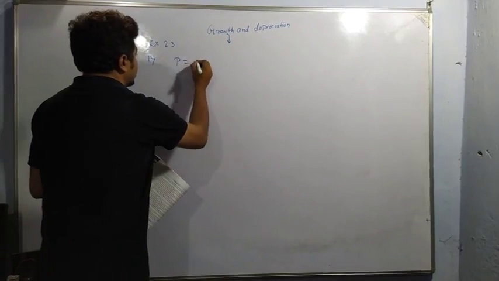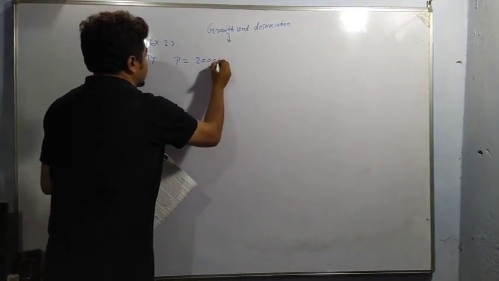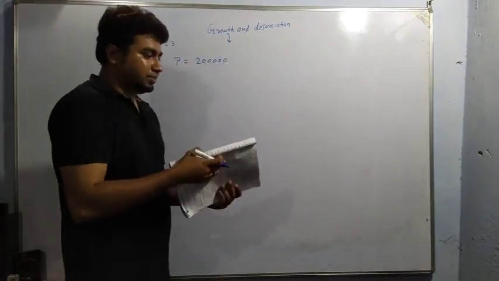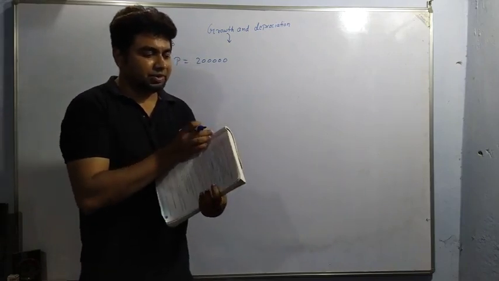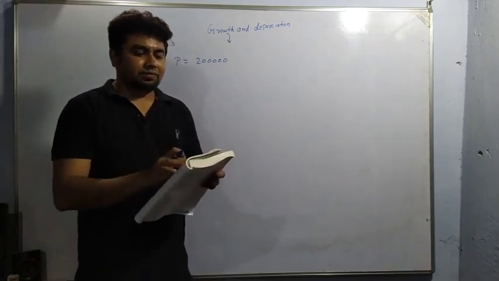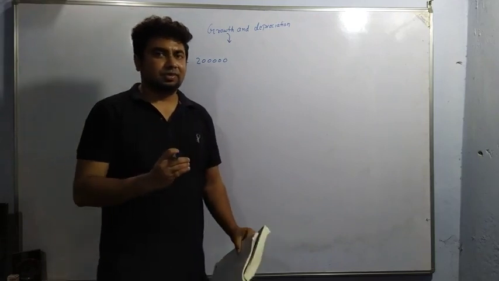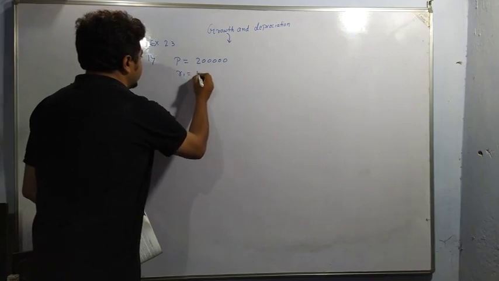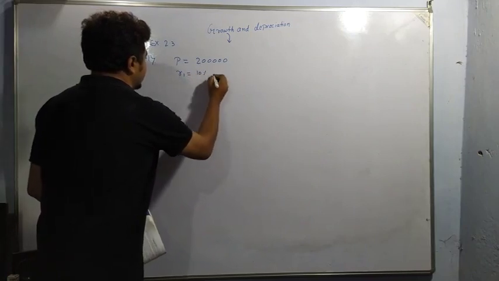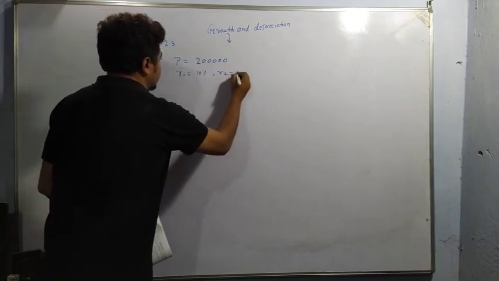P is equal to 2 lakh. This is a number, that's why we are not using rupees. And its population increases by 10% in the first year and 15% in the second year. It is the case of successive growth. R1 is equal to 10% and R2 is equal to 15%.